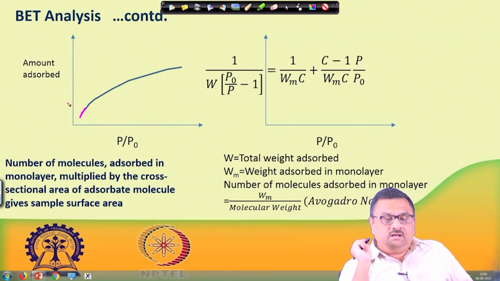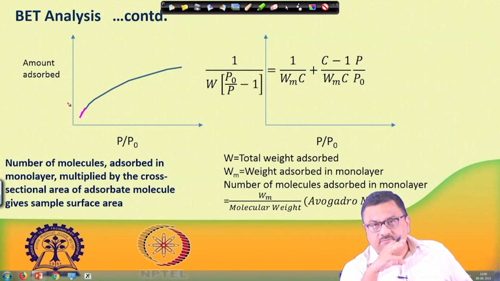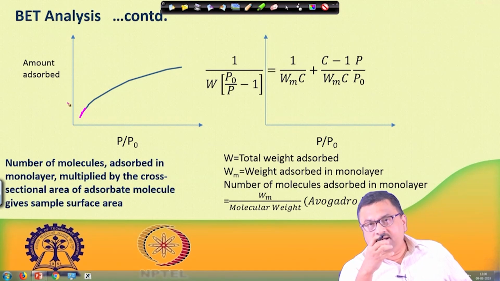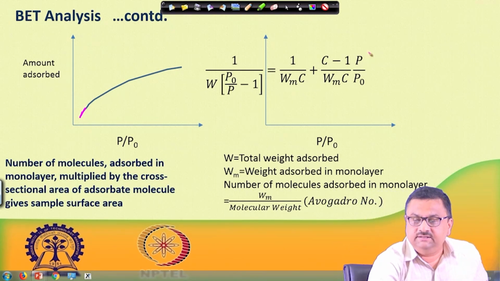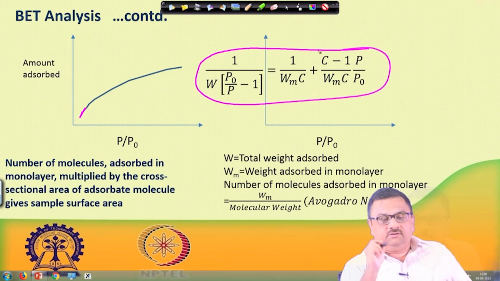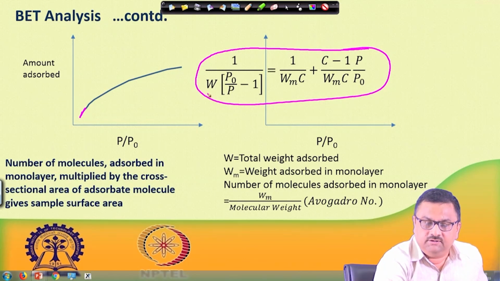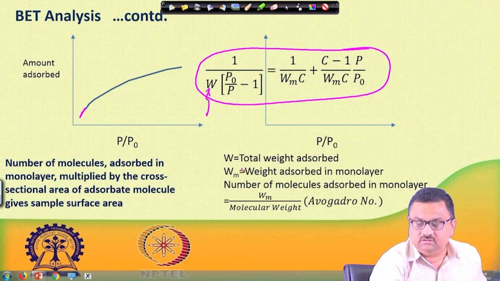Now, if one equates the amount of molecules that are adsorbed and the molecules that are leaving the site by desorption at equilibrium, one can arrive at this equation. Here W is the total weight adsorbed, and Wm is unknown to me.